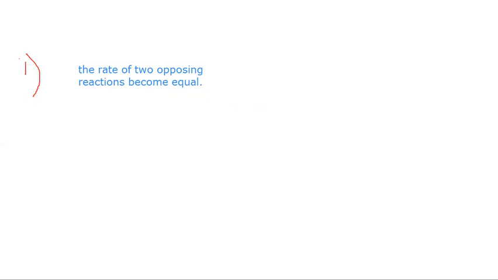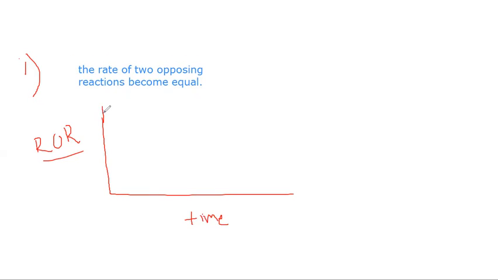What does it mean? Let's talk about it with the help of a graph. Here, you are writing about rate of reaction. ROR represents rate of reaction, and here you write time. In the start, your reactants are in a higher amount and products have 0 amount.